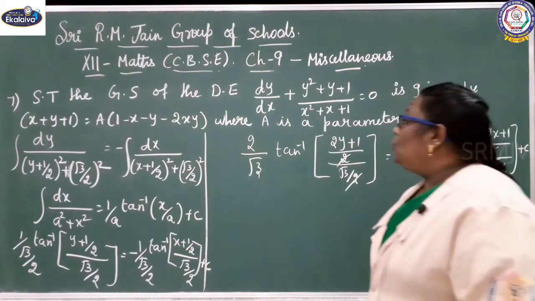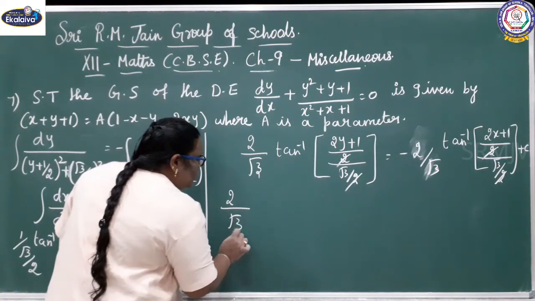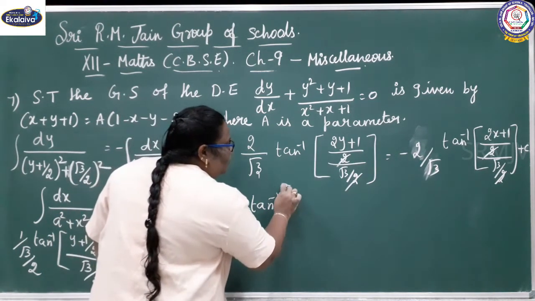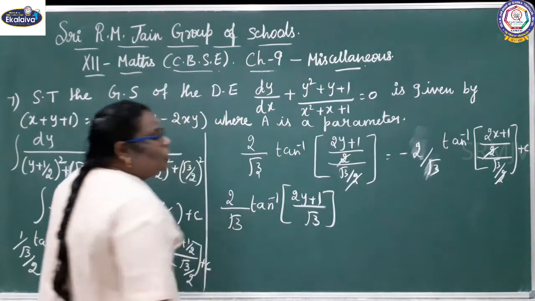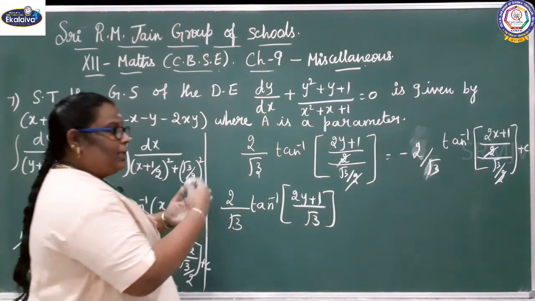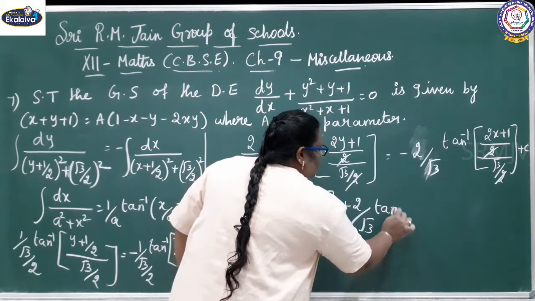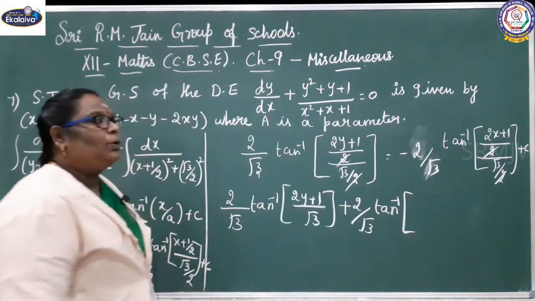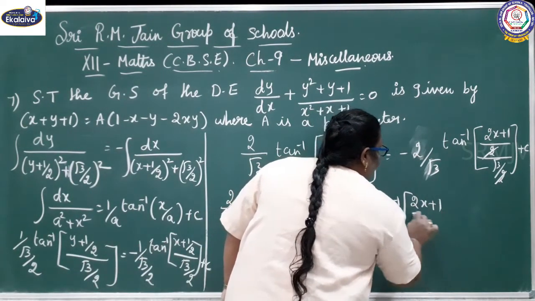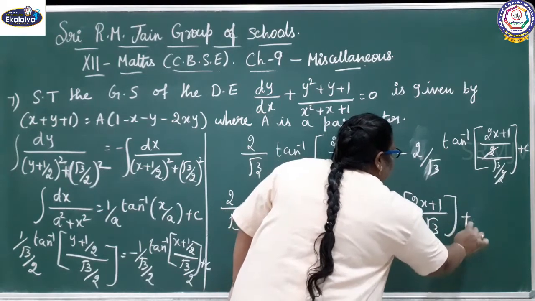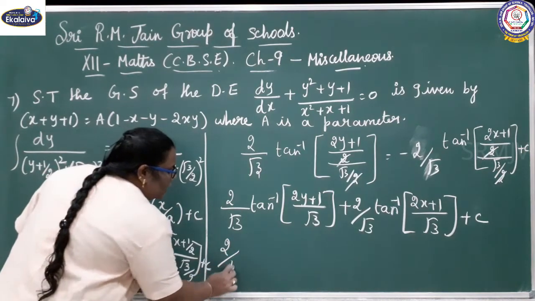So what is the value? 2 by root 3 tan inverse of 2y plus 1 by root 3. You bring that value here, plus 2 by root 3 tan inverse of 2x plus 1 by root 3 plus c. So 2 by root 3 you can take it out.